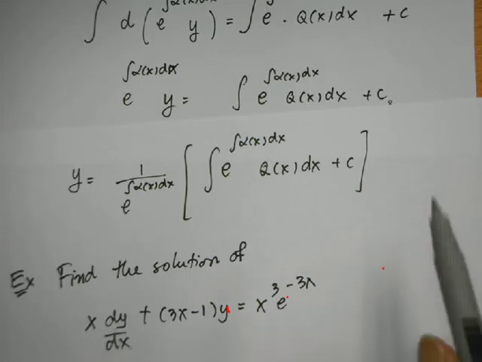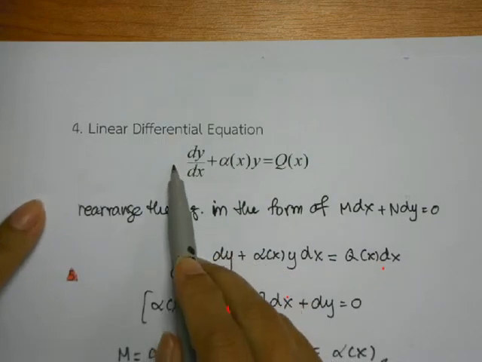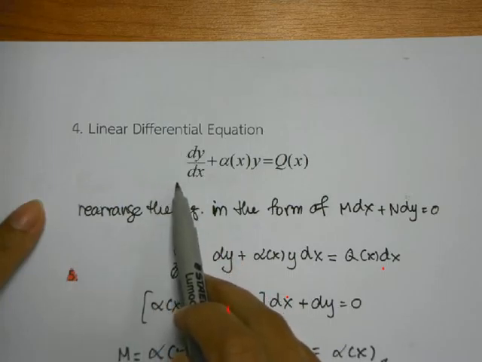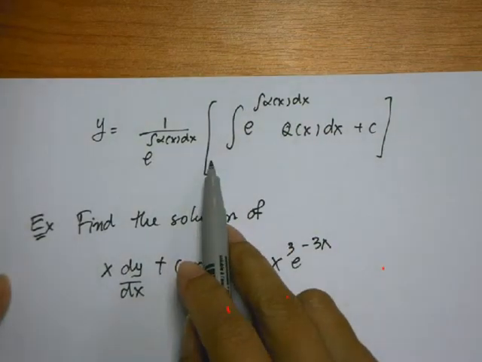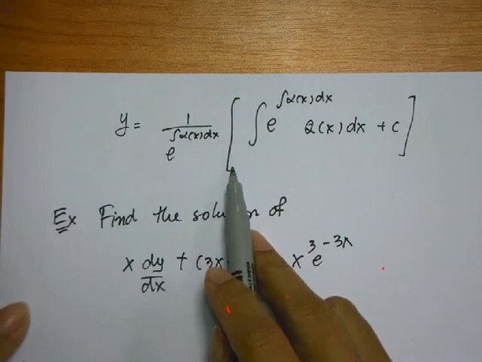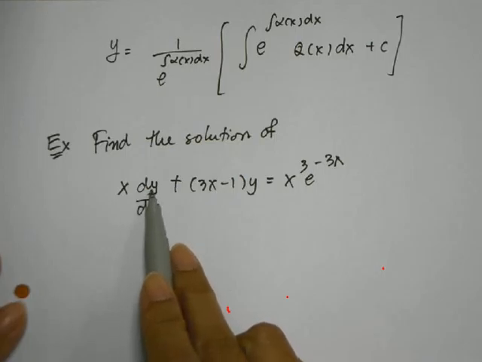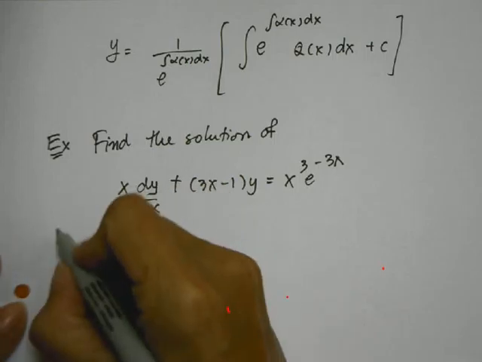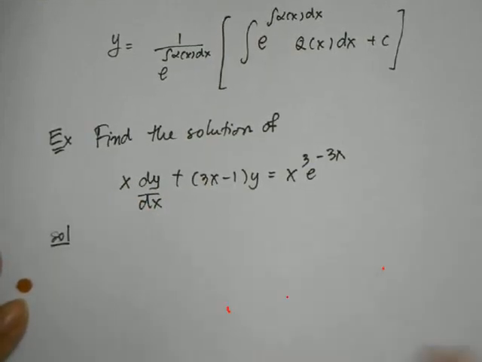Because when we derived this formula, we started from the coefficient of this term equal to 1. So in order to do that, we just divide this equation by x, right?